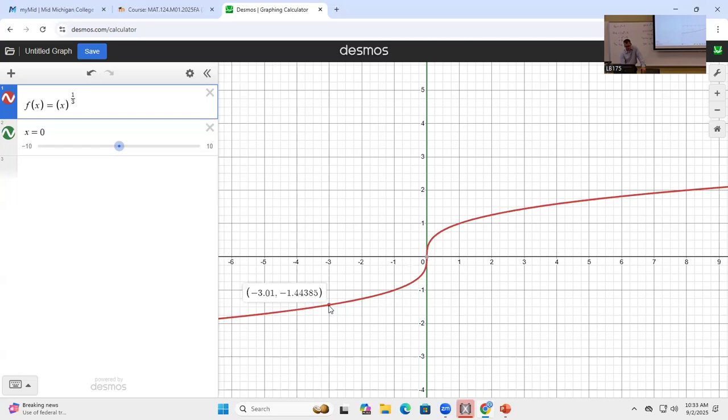Every point here, like -3.01, -1.44, has a matching ordered pair, has a matching point if I go through the origin. Follow that. So it's symmetric about the origin, and you can see that.